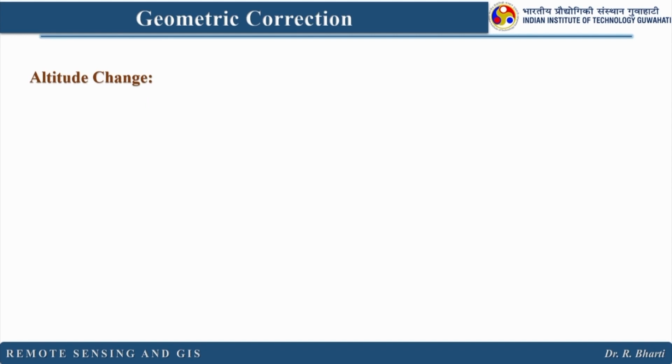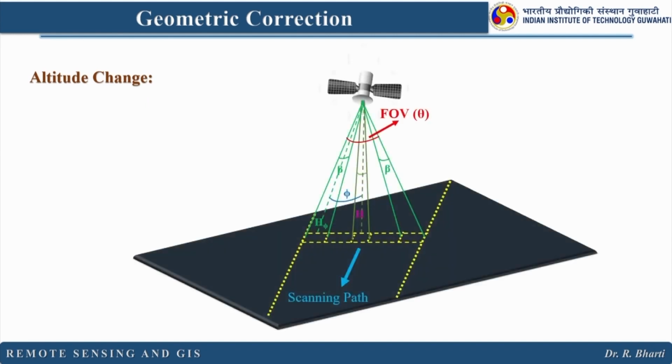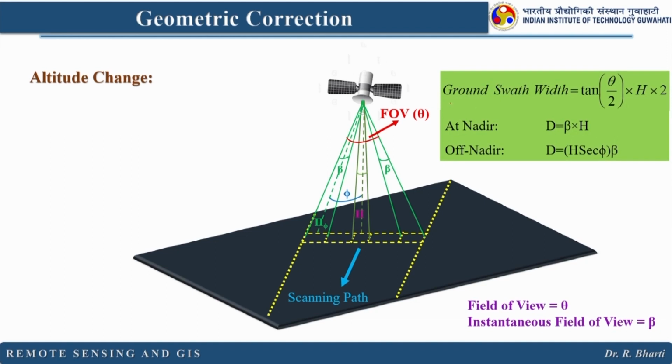Let us see altitude change. So, when we have altitude change, what will happen? There will be change in the pixel size, because this ground swath width depends on this theta and h. Theta is not going to change, no matter whether your satellite is moving down or going up, right.